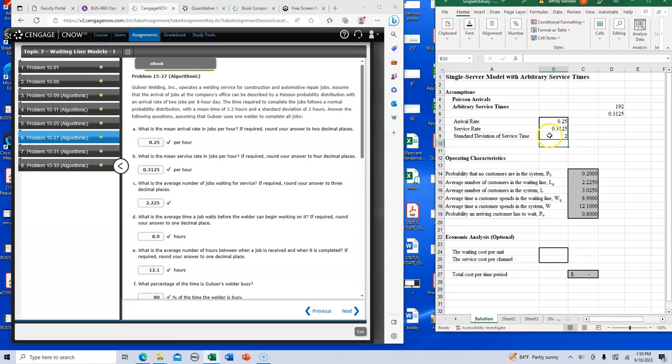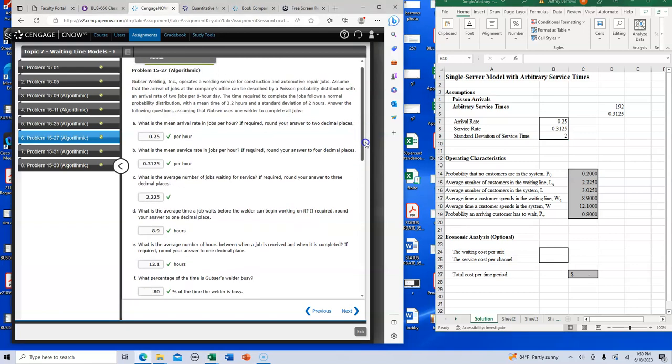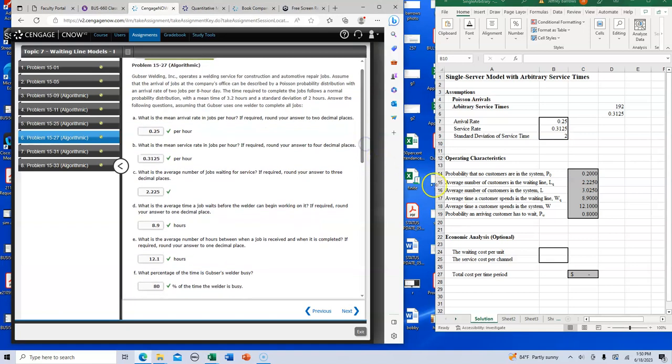And so once you manage that, here are the Q characteristics. If you go over here, I think these all match up pretty well. What is the mean arrival rate? I talked that through with you here. If it's 2 every 8 hours, it's a quarter of a job per hour.